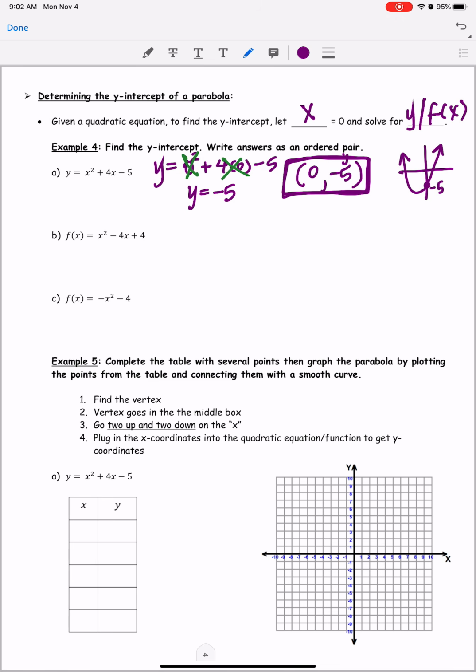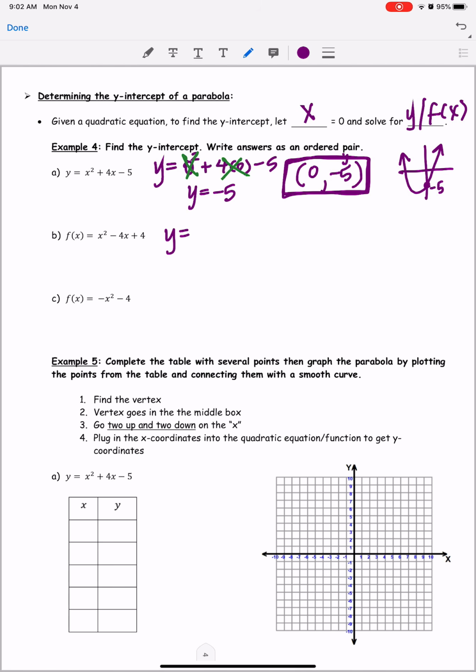So because you have those zeros and it cancels everything out, you'll notice every time we're just going to be left with that constant in the back.